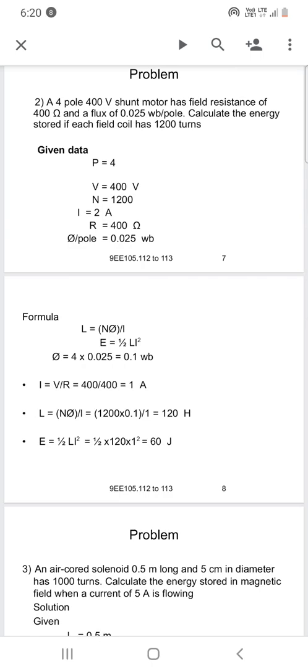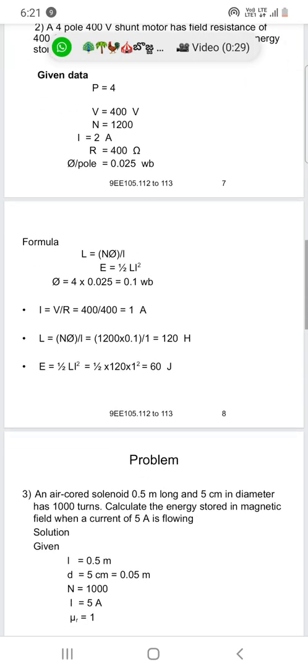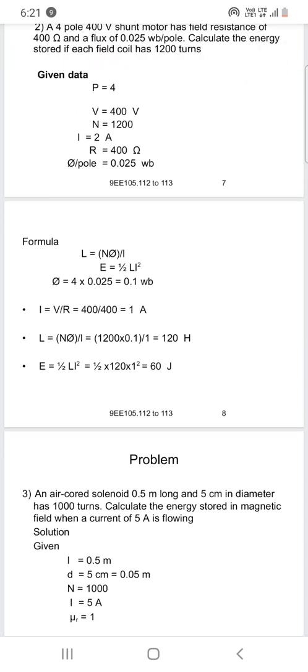You have to calculate the value of energy stored where each field coil has 1200 turns. Here in this problem the current is not given. You have to calculate the current using Ohm's law, V by R. So the current value is not given, and we find I equal to V by R, that is 400 by 400, equal to 1 ampere.